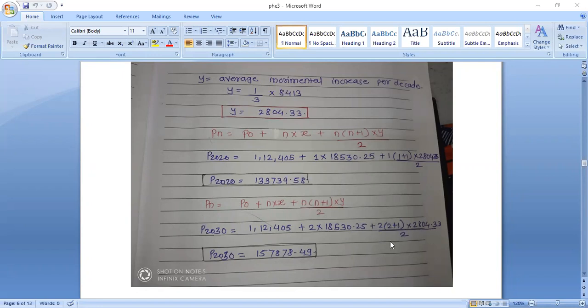Then from this calculation we get the population of 2030 as 1,50,878.49. Hope you all get how to find the population for the next 10 years or the next 20 years, that is for the next 1 or 2 decades by the incremental increase method.